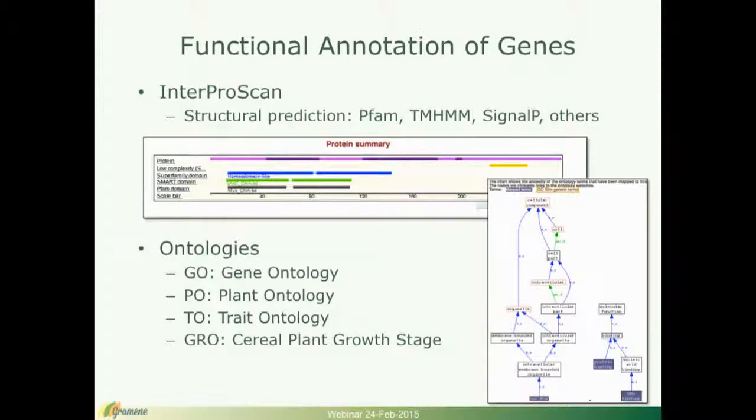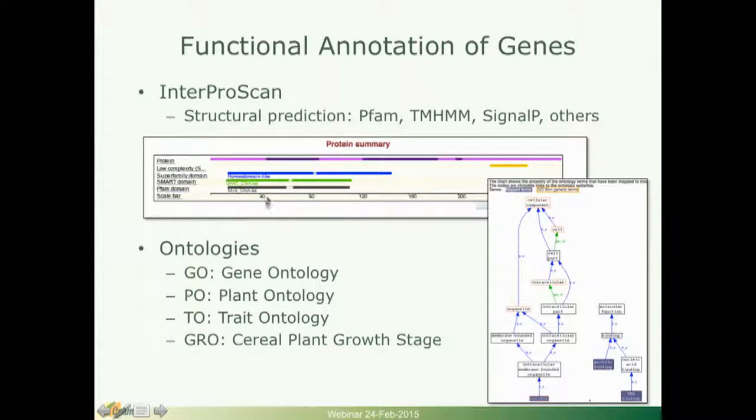As I mentioned before, we add value to these genomes by doing standardized functional annotation of genes. So this includes running InterProScan, which does structural predictions using various libraries, including PFAM and SignalP and others, and these will point out protein functional domains. And here's an example of a visualization of this.